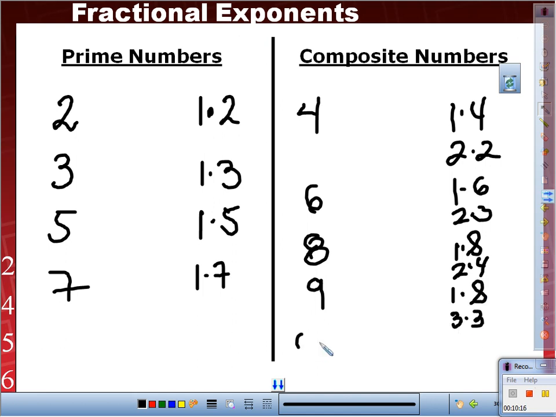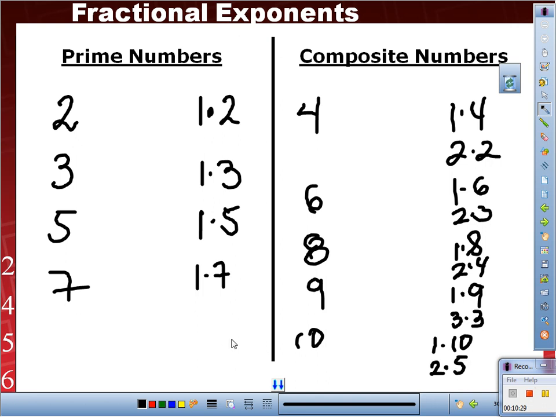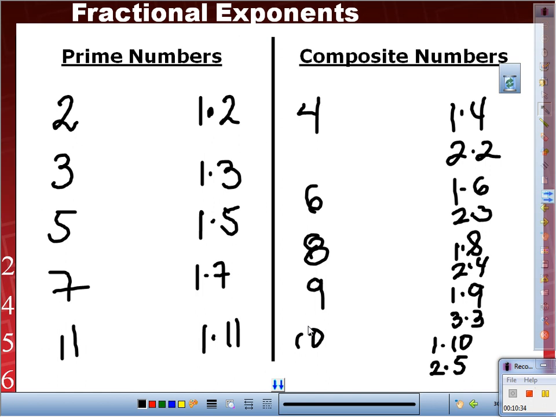Oh, my bad, I did that to see if you're paying attention. How about 10? 1 times 10 or 2 times 5. How about 11? That's a prime number, 1 times 11. Okay, so now we understand the difference between prime and composite. That was just a review.